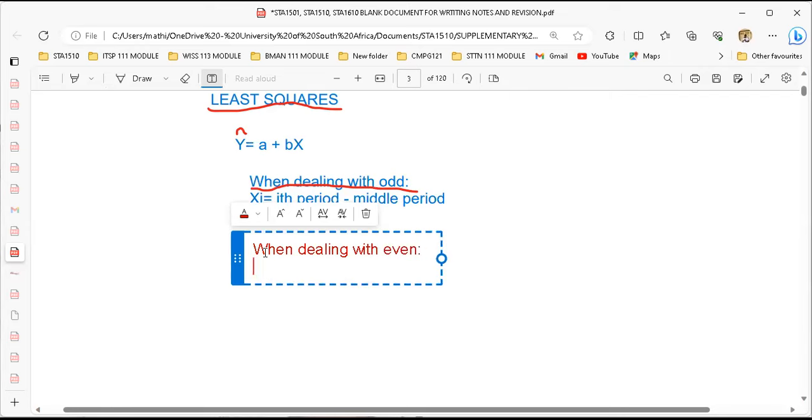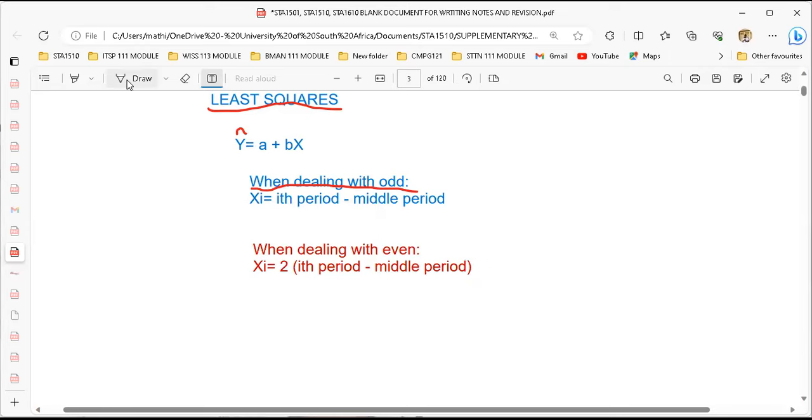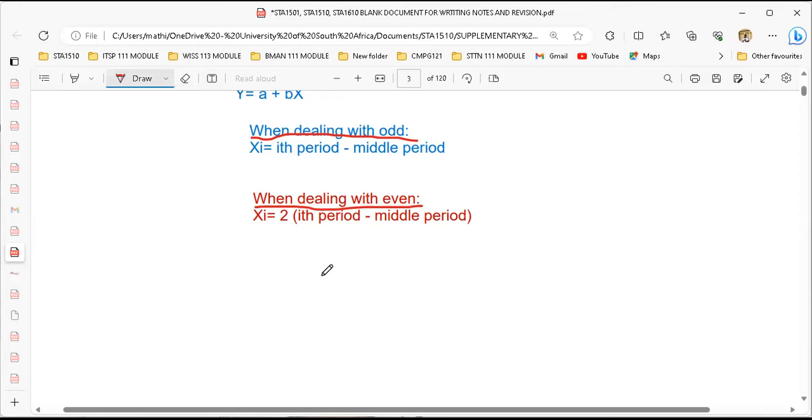Xi is equal to what? Because now we're dealing with even, what we're going to do is say 2 times the ith period, minus the middle period. This is when you deal with even, something like this.